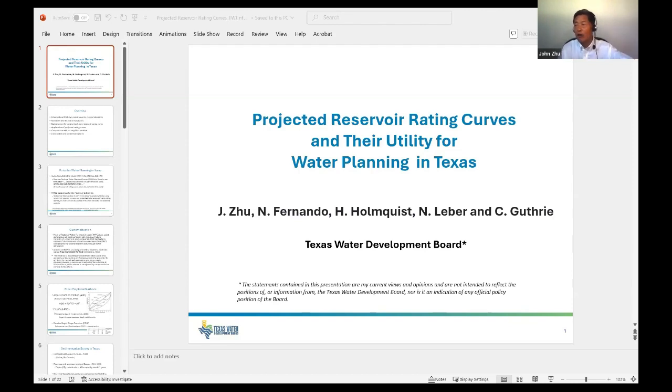If it's at the top of the reservoir, the river mouth, then it will deposit at a higher elevation. However, if it's coming in the middle from a tributary, it may deposit in the middle area. So it is highly variable. And that's why we made the projected reaching curve by considering the actual sedimentation spatial distribution.